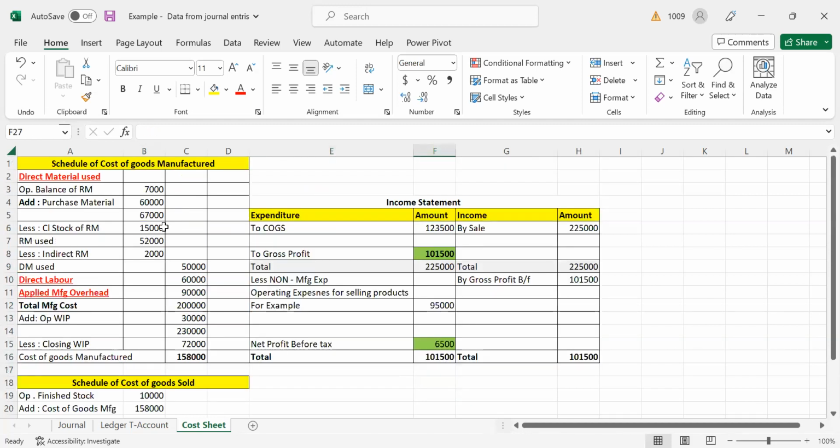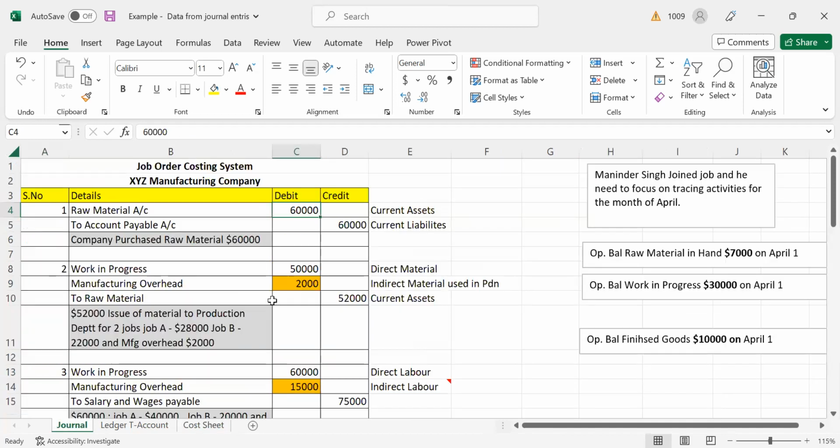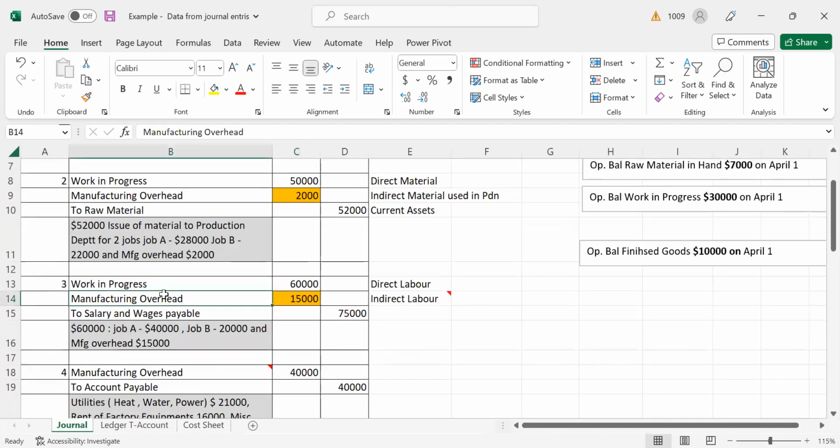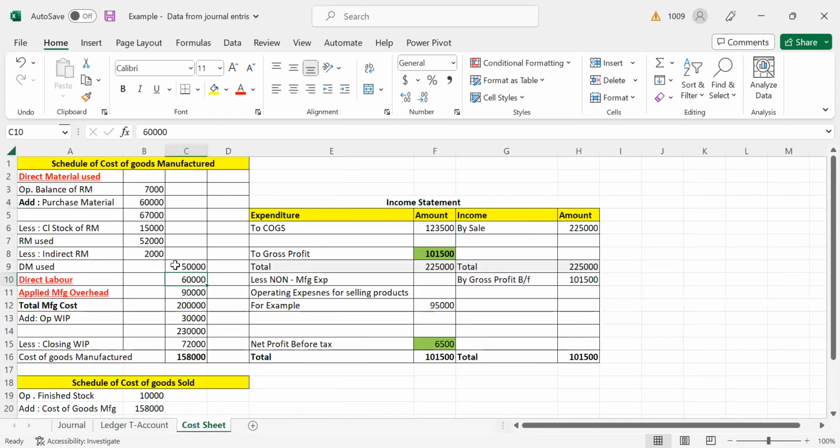Okay, so now look at this. We have here $50,000. Direct material is $50,000. Direct labor is 60,000. So direct labor, we can see that we have this work in progress. We found that direct labor is 60,000. Now applied manufacturing overhead is 90,000.